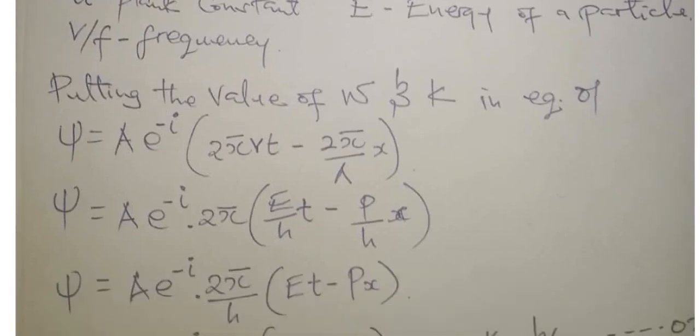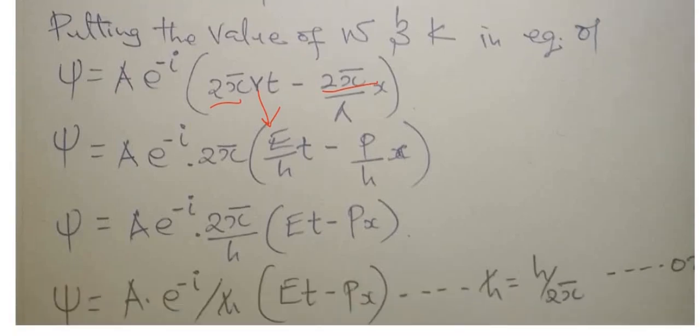In continuation, psi equals A exponential of negative i 2 pi, taking the 2 pi out of the bracket because it's similar on both terms, times (E all over Planck's constant multiplied by t minus momentum all over Planck's constant multiplied by x). This is because the frequency equals energy all over Planck's constant.